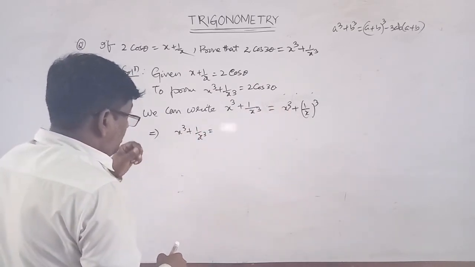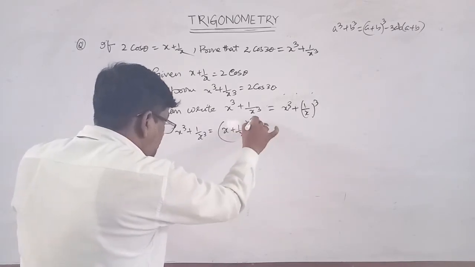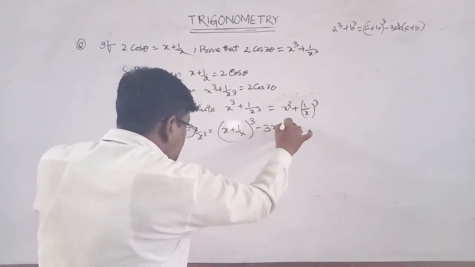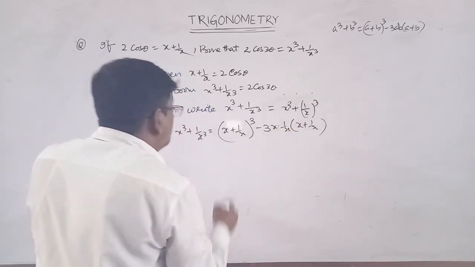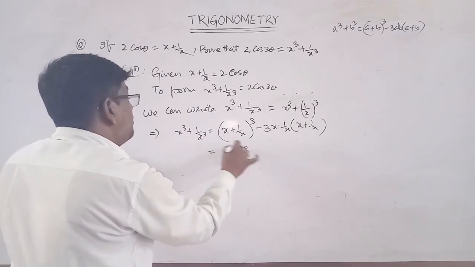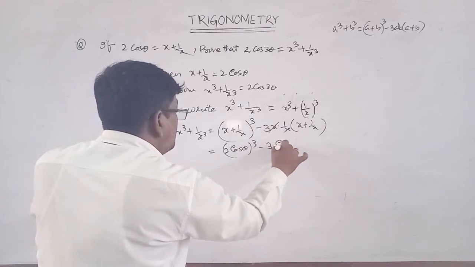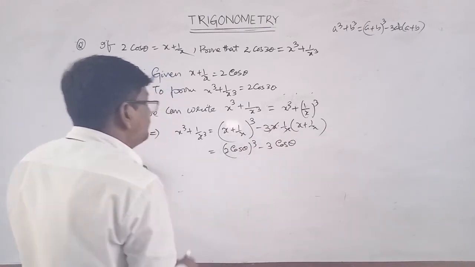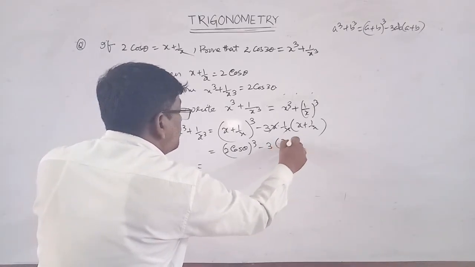So (x plus 1 by x) whole cube minus 3x into 1 by x, into (x plus 1 by x). So this is equal to (2 cos theta) whole cube, x cancels here, minus 3 into 2 cos theta.